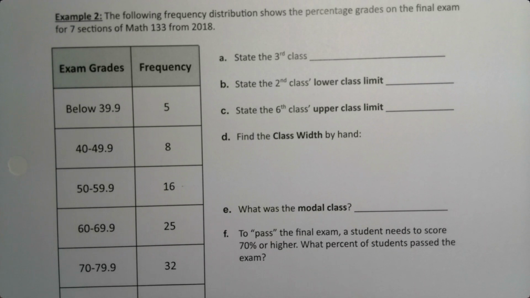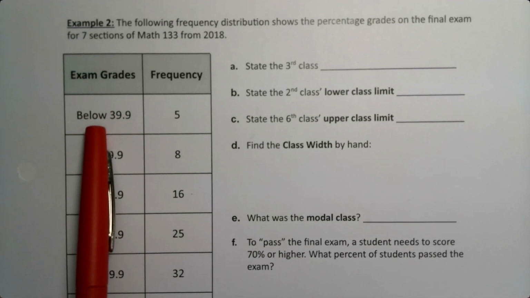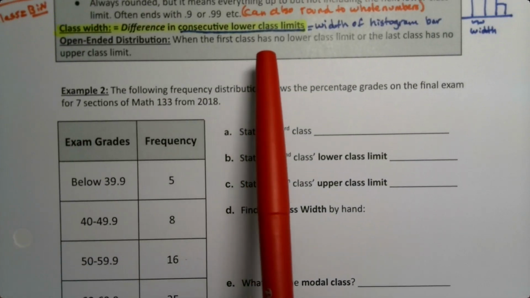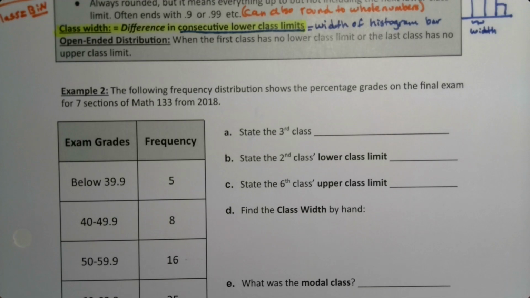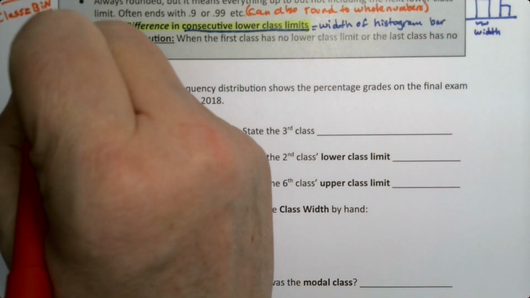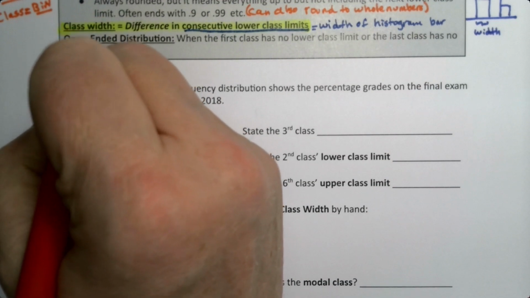An open-ended class is when you see something like the first part right here, where it just says below 39.9 and doesn't give you an end to that class. The only other warning I want to give you is about class width.